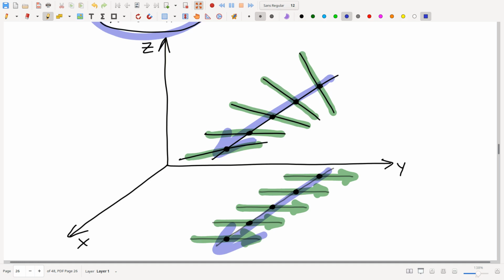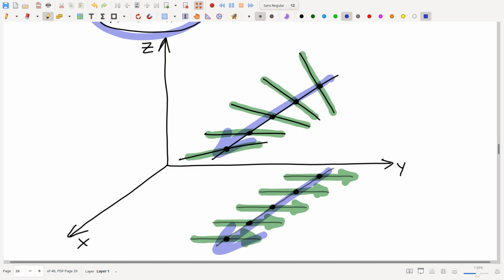Right? So into the screen, it's negative. As I come out of the screen, it's becoming more positive. Right? So back here, it's like -2, and then here it's like -1, and here it's like -0.5, and then here it's like 0 or something, and then here it's starting to look positive.